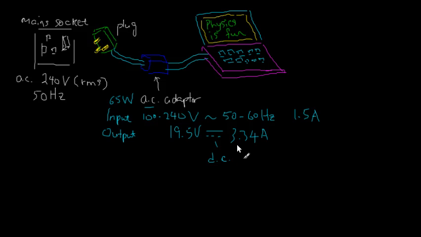Okay, so this is a rating. These numbers must be for a rating, which means that it's the maximum kind of current it can take, and that is kind of determined by this number here, 65 watts, which is the maximum power it can take. If you give it too much power, if it takes too much current, for example, it might just get very hot and burn up.